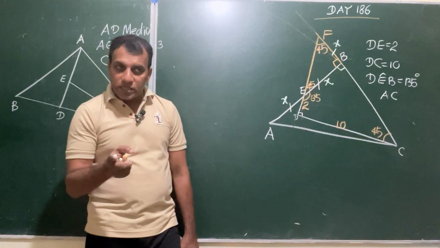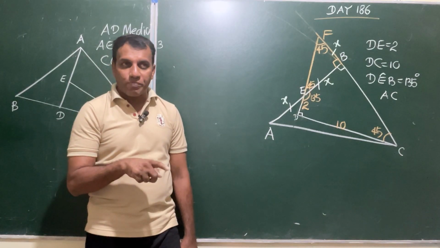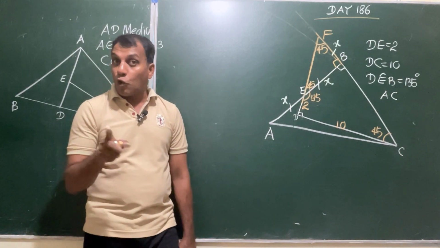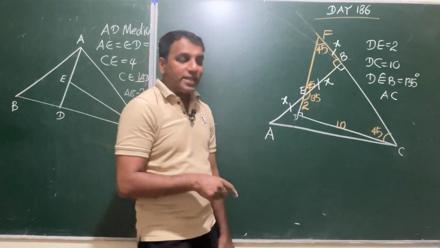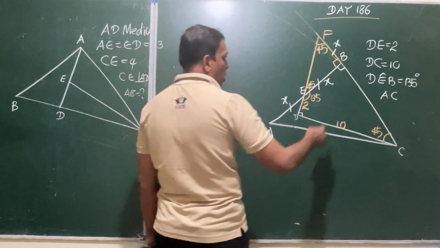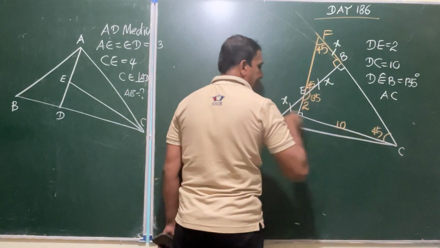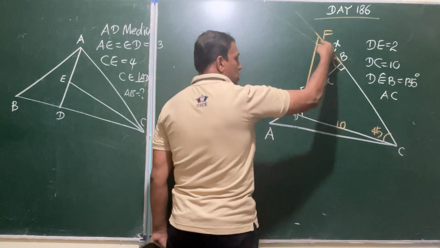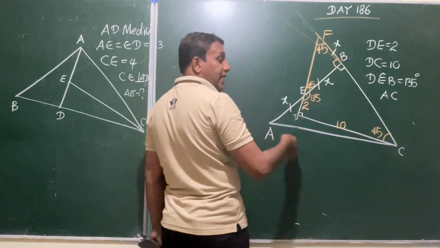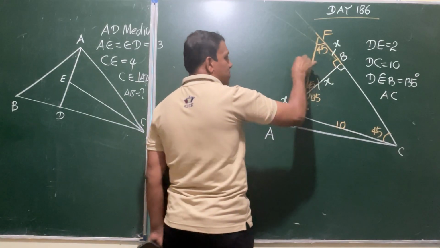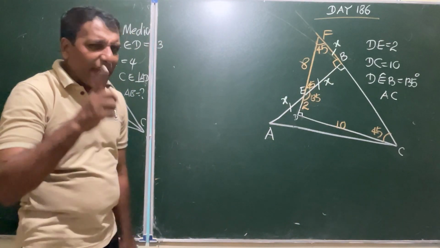Conversely, angles equal, opposite sides equal. So here 10, completely 10, opposite 45. So here 45, completely 10. Here's 2, therefore 8. So I want to find my x answer.